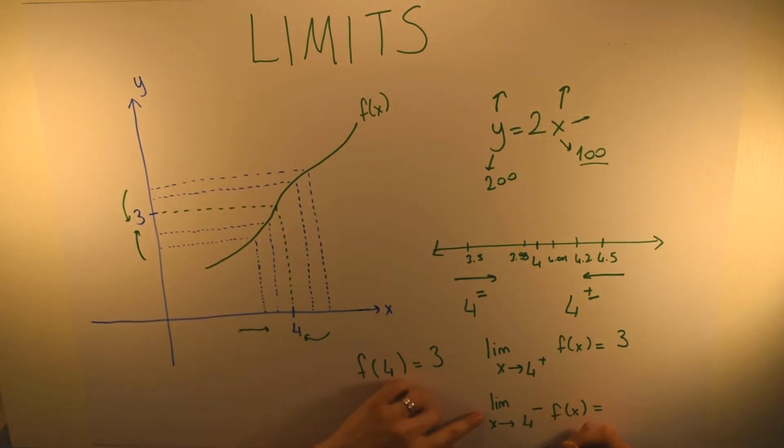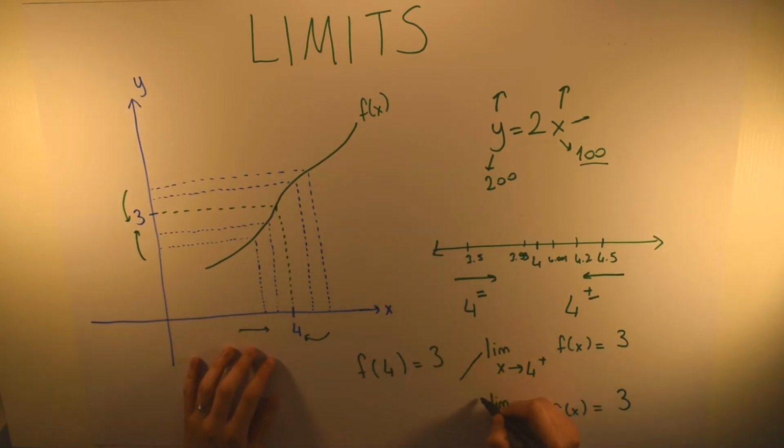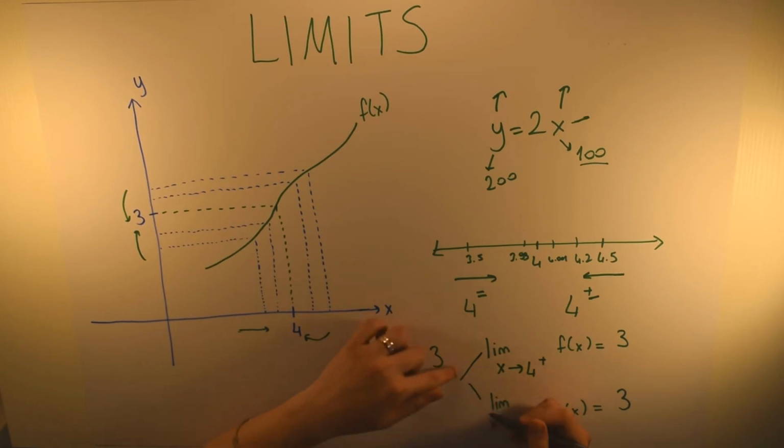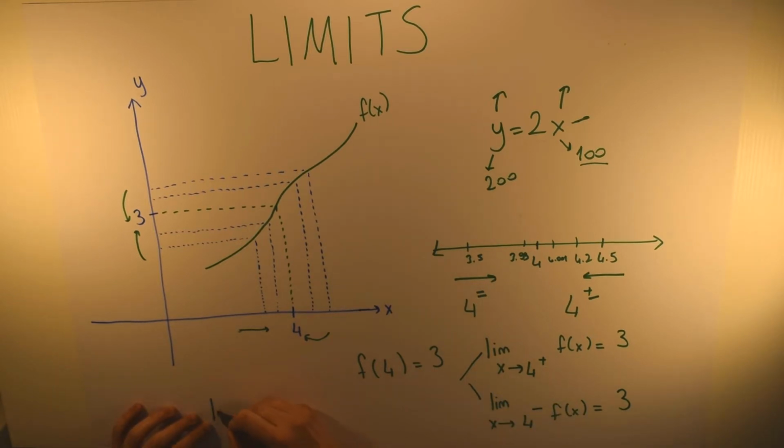So our left-hand limit is also equal to 3. When these two limits are equal to each other, it means that the function has a limit, and that is equal to 3. I write this as the limit as x approaches 4, f of x is equal to 3.